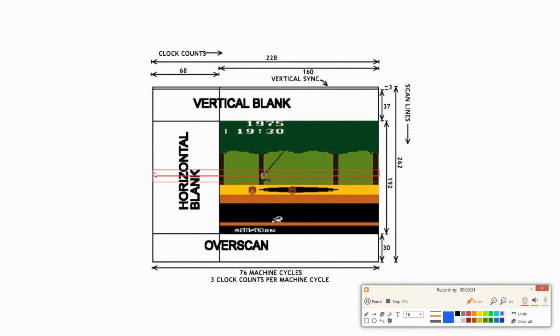What you always want to do is update our graphics, our player, missiles, and our playfield within this horizontal blank. Of course, that's going to be really hard to do, but that's the point of the design pattern. And one of the good ways to do this is the two-line kernel.